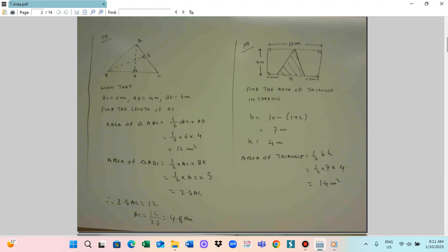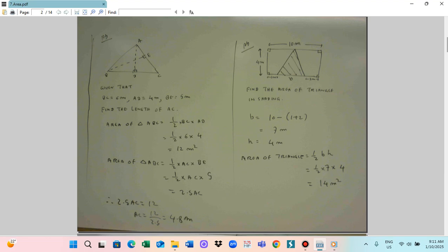And you can also calculate the area of triangle ABC another way. We take AC as the base, so half multiply base AC and the height BE.